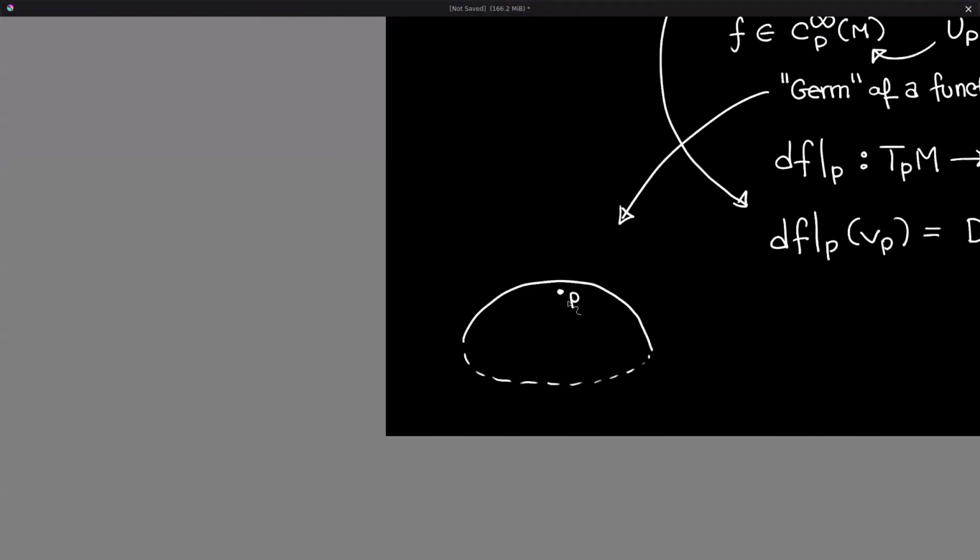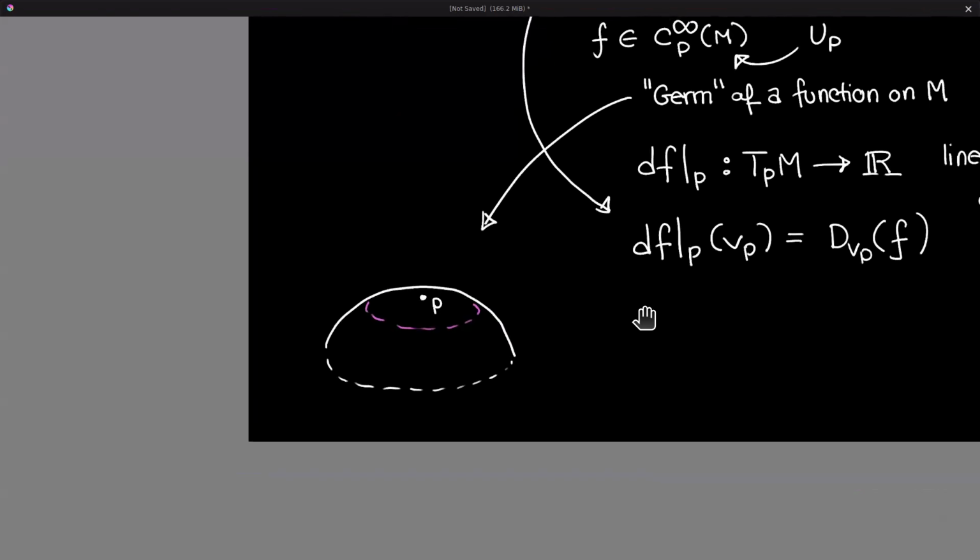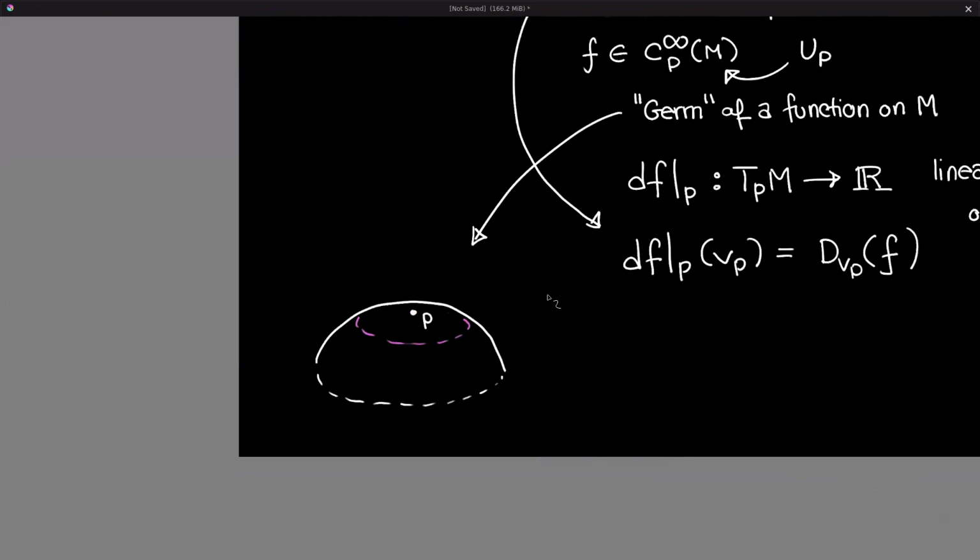So we have a bunch of functions, right? And we're taking these functions in a neighborhood around P, and we're taking, in some sense, their linear change. So we want to equate all of the functions whose linear changes in every direction are the same. So they have the same differential, right?